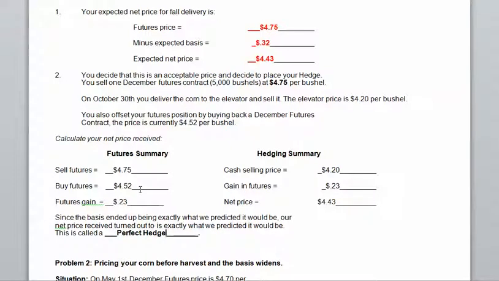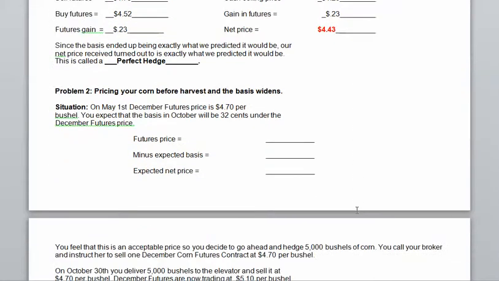We made 23 cents on this futures transaction. That gain we could add to our cash price of $4.20 a bushel for an overall realized price of our grain of $4.43. So that was a problem where basis was exactly what we expected it to be. It was the 32 cents that we predicted.